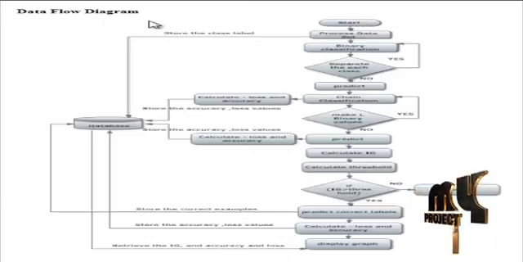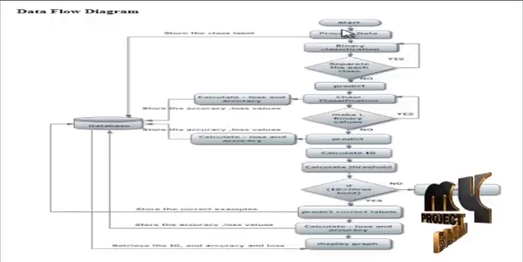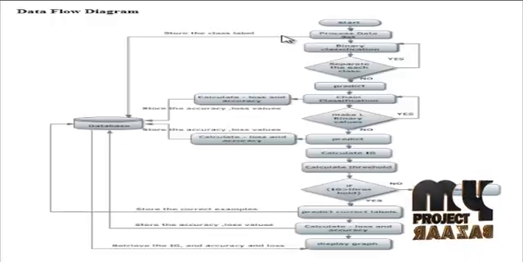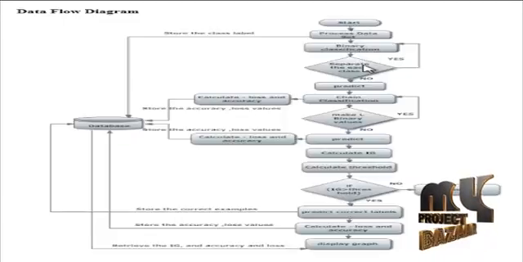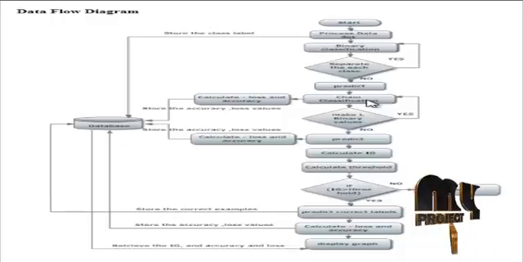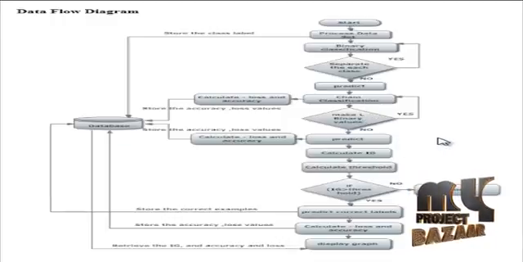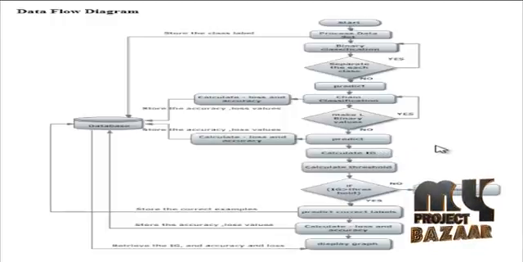Data flow diagram. Let's discuss the data flow diagram. Start to process the data set: get the data sets, process them, and store them in the database. Binary classification is used to classify the data sets, and then chain classification is used to predict and reduce the unnecessary data, calculate the IG, and compute the threshold value.